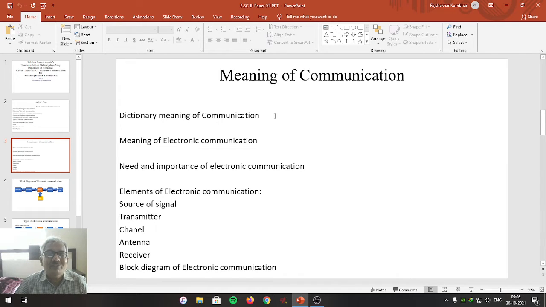some of the aspects of the fundamentals which are required for successful, satisfactory, fruitful electronic communication.